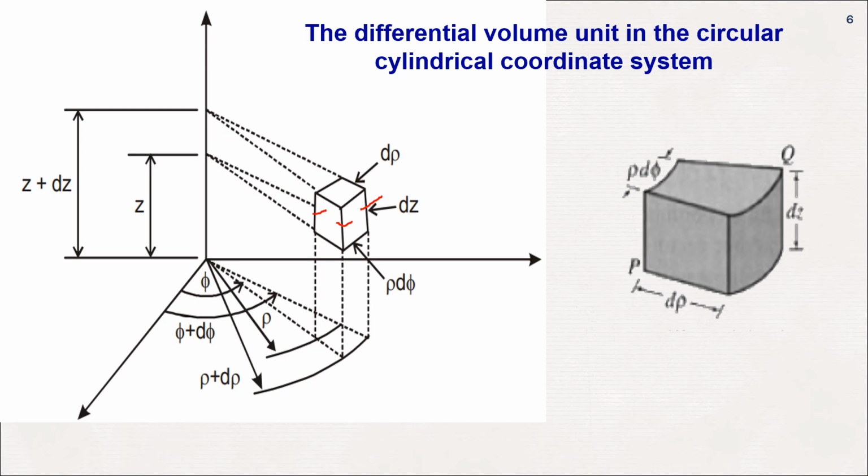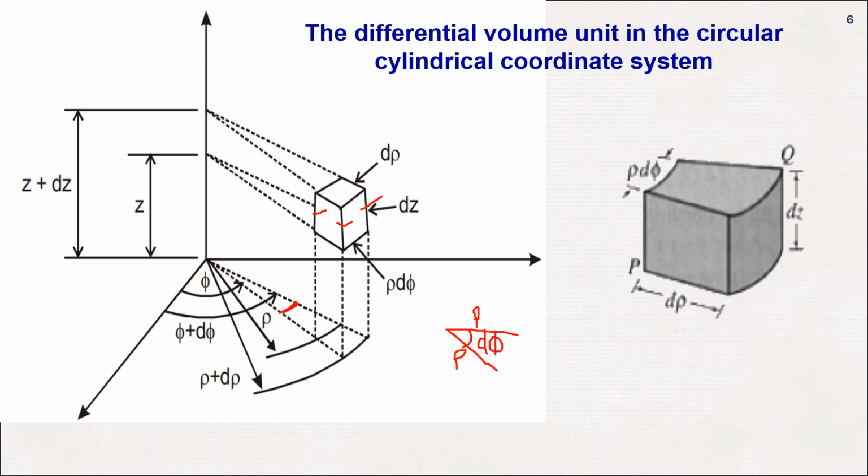So this small variation is going to be d phi. Now see here, you all know the length of arc method. This is rho, even this is rho, and this angle is d phi. If that's the case, now what is this length of arc?